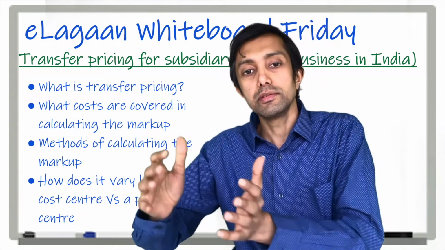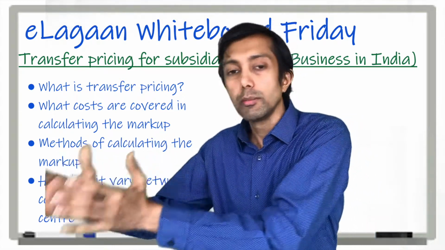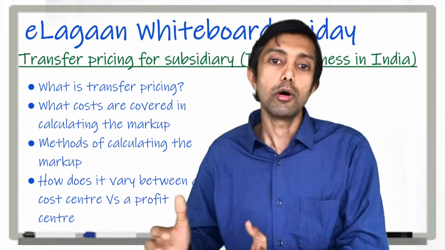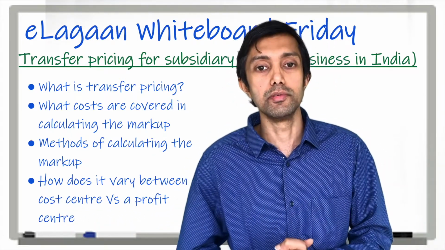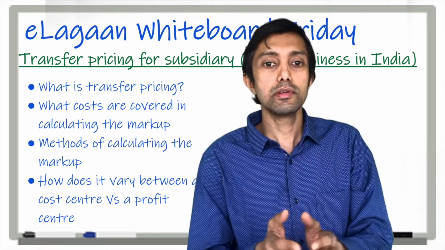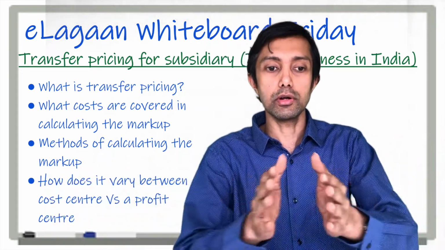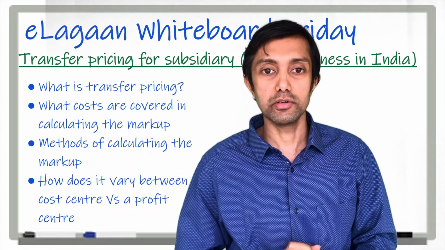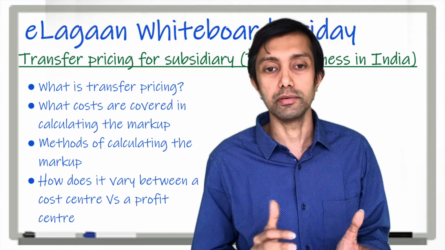We then compare these functions, assets, and risks with similar functions, assets, and risks of third party service providers which are providing similar types of services and the margins that they are earning. These are then pooled together and we create a database or a line of results, and these are then compared to the results of the entity which is being tested.